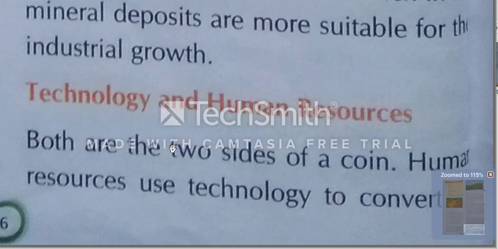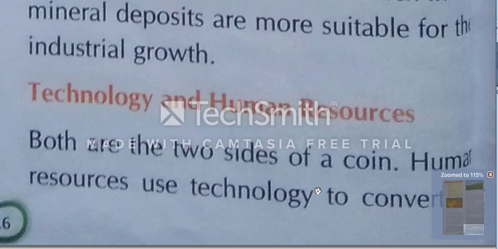So what is the meaning of two sides of a coin? It means two things that are regarded as two parts of the same thing. Clear? That is called two sides of a coin.